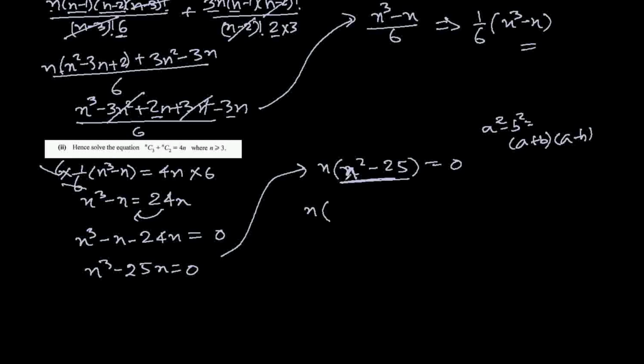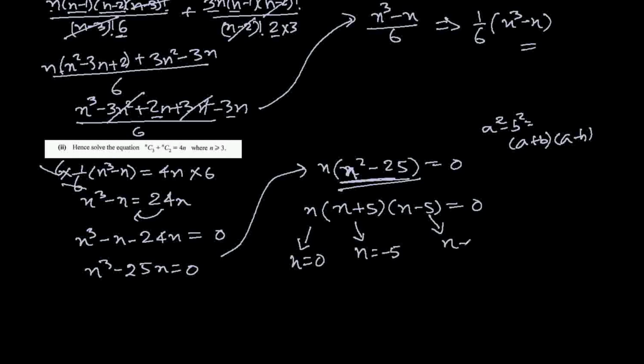Square root of n squared is n, square root of 25 is 5, so n plus 5 and n minus 5 equal to 0. I factored out a perfect square minus a perfect square; it is called difference of squares. So we get n equal to 0 from here, n equal to negative 5, and n equal to positive 5. Alright, but they have mentioned here n is greater than or equal to 3.